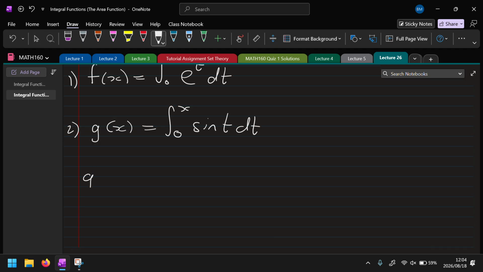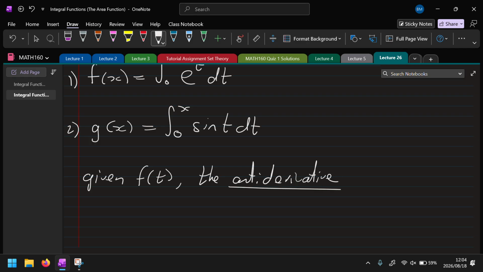So given little f of t, the antiderivative. Remember, we had that whole table with the antiderivatives. To find those, we started with the derivative and we worked backwards, right? Now this way is working forwards. So we have a function and we can explicitly write down the antiderivative.